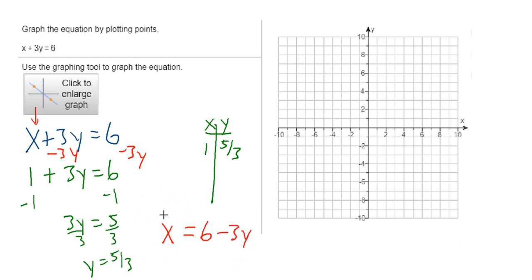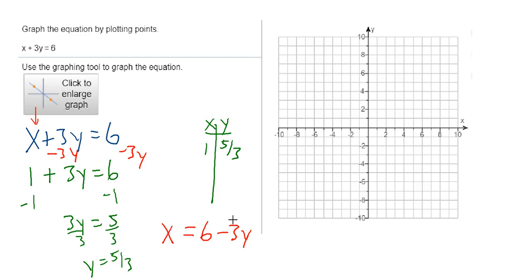So now that I have the equation solved for x, I'm going to find solutions, but this time what I'm going to do, instead of picking a number for x, plugging it in and solving for y, this equation is solved for x. So I'm going to pick values for y, plug it into the equation, and then let the equation tell me what x has to equal.